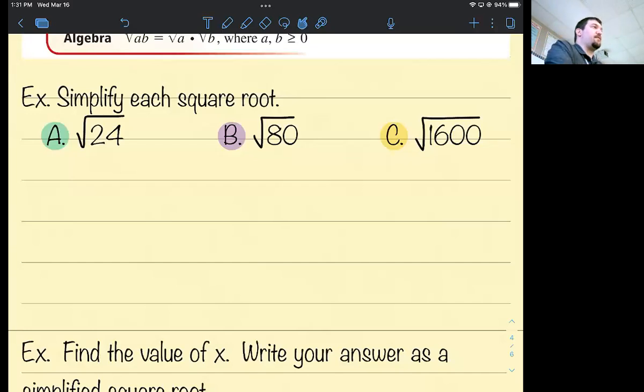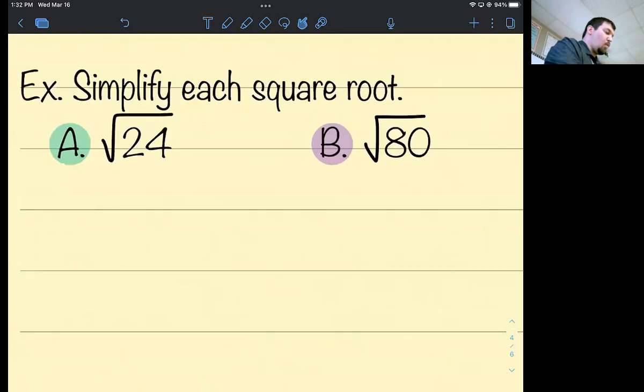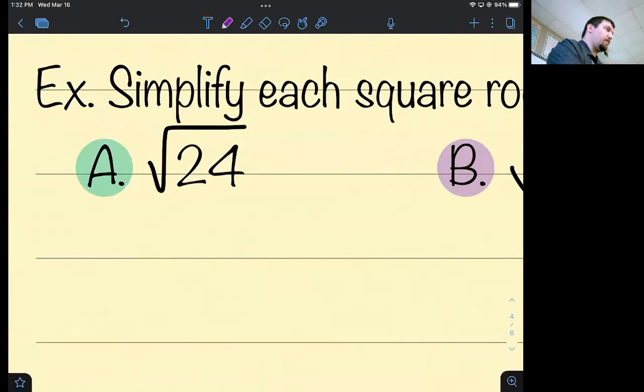So do you guys remember doing factor trees with prime factorizations? Similar but different. We're still going to do a tree, but it's going to be a perfect square tree. What perfect square goes into 24? Owen? 8's not a perfect square.